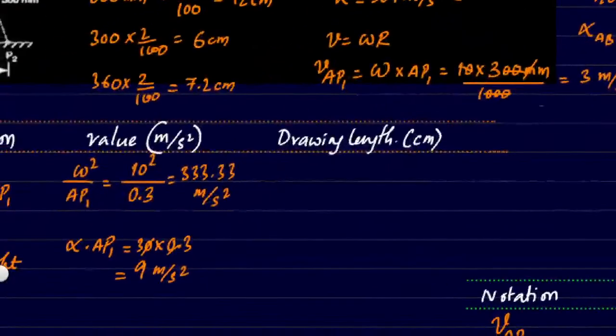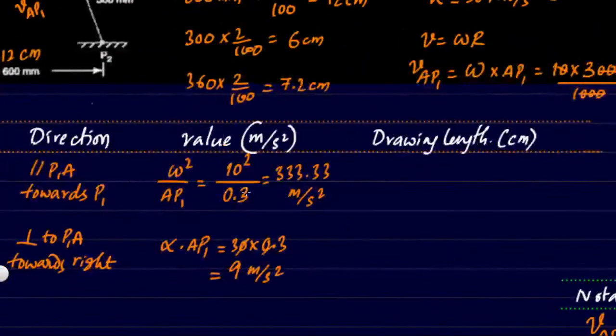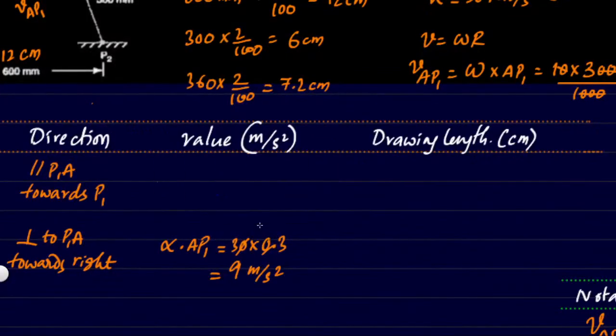Yeah, so we have to use that formula over here. So this entire thing is wrong. The formula should be omega square into r. In this case, r is AP1. So 10 square into 0.3, so we get 100 into 0.3, which is 30 meters per second square.